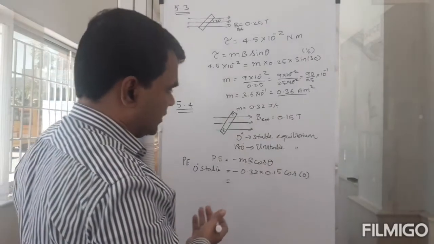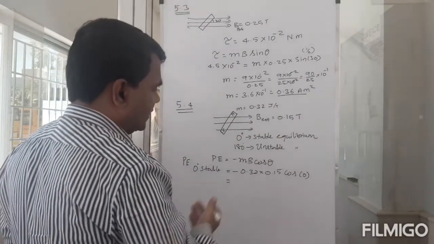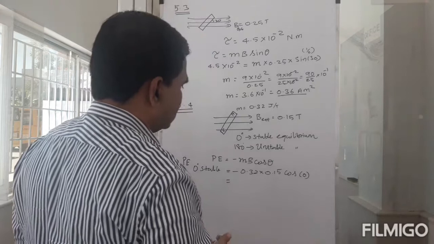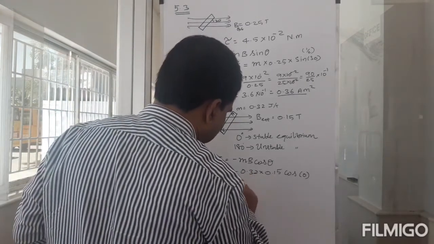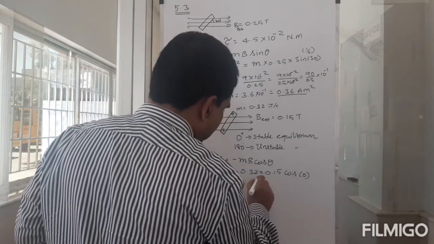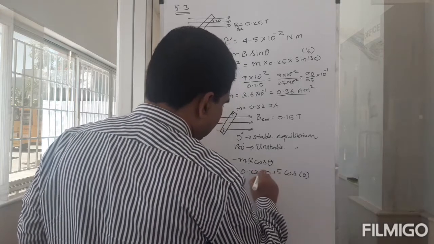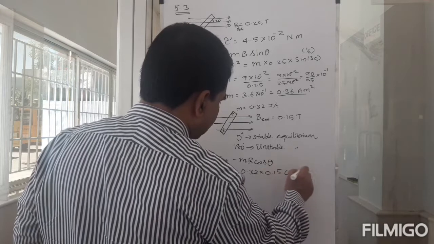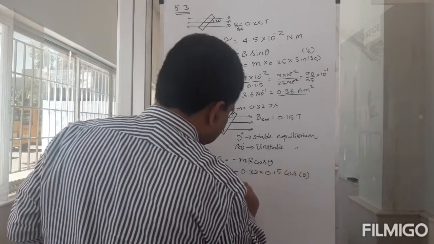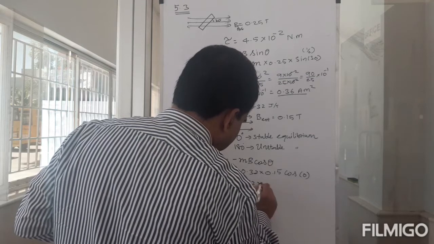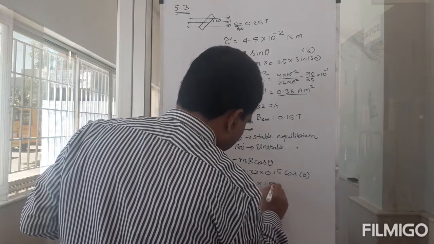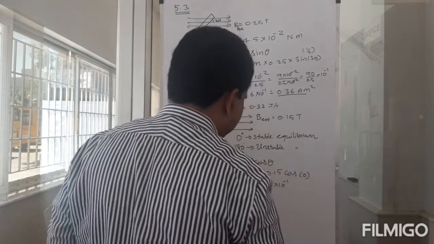So if I multiply this, I get minus, let me do it this way: 0.32 into 1.5 into 10 power minus 1, keep it like that.